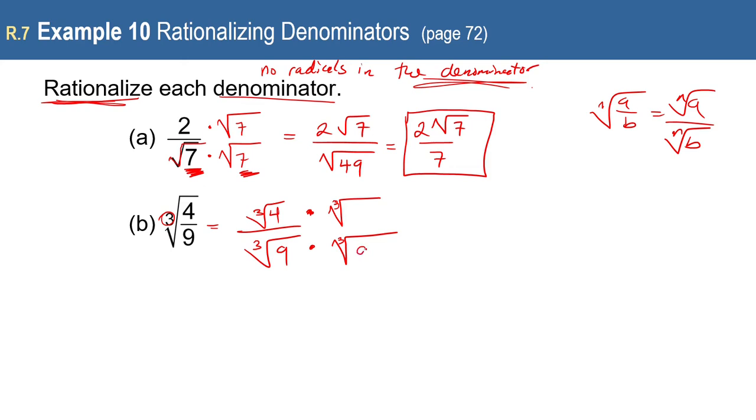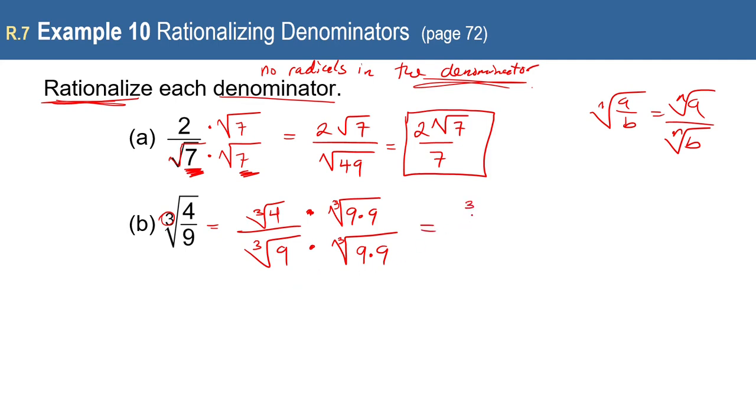I'm going to actually add the cube root of 9 times 9 to the bottom, and we'll multiply the cube root of 9 times 9 on the top. The reason for this is we're looking for a perfect group of 3 so that there's no more radical on the bottom.